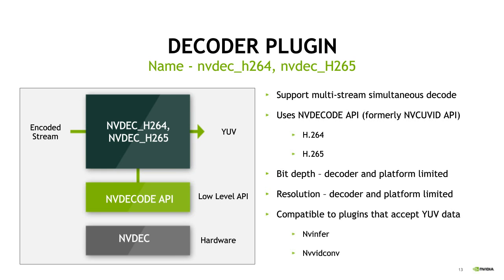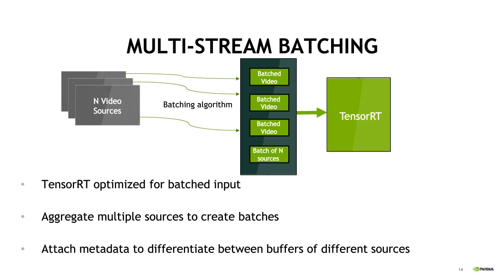Before I get into the next plugin, I want to cover the topic of multi-stream batching. TensorRT provides optimal performance when a batched input is received, as it achieves better GPU core utilization. When combining multiple input sources or buffering a single input, it's ideal to form a batch of consecutive frames.